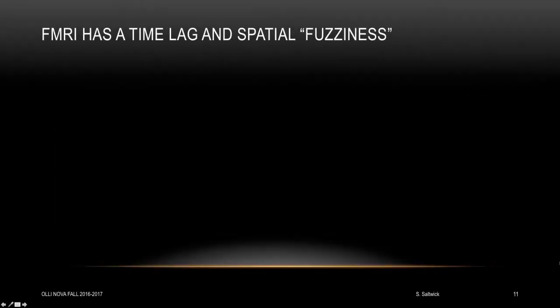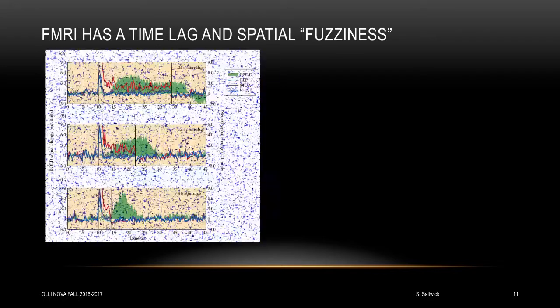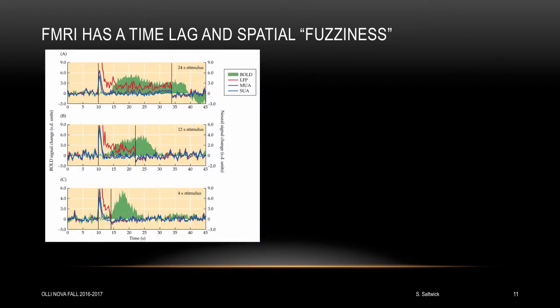An fMRI has 2 characteristics that are different from directly recording from brain neurons in an operating room. The first is since fMRI measures changes in energy metabolism, as in blood flow, which is shown in green on this left part of the slide, there is a time lag of those changes compared to directly recording from neurons, which are shown in the colored graphs.